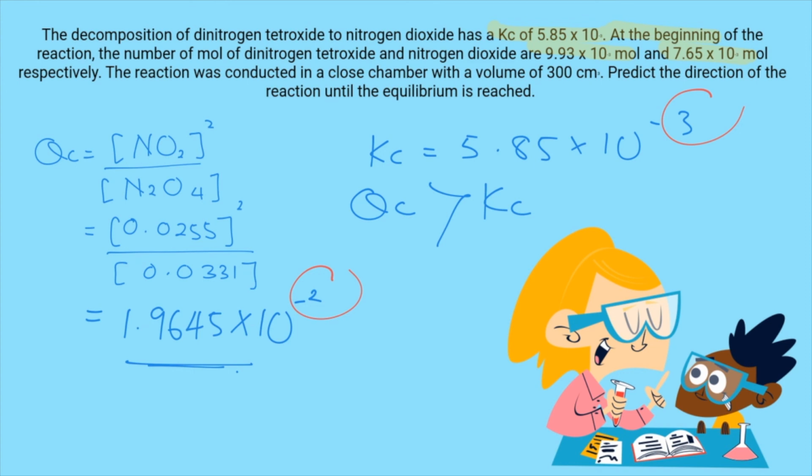Hence, when the Qc is bigger than the Kc, the system shall proceed from right to left. In other words, it will proceed from the product to the reactant. So it may produce more reactant as compared to the product.